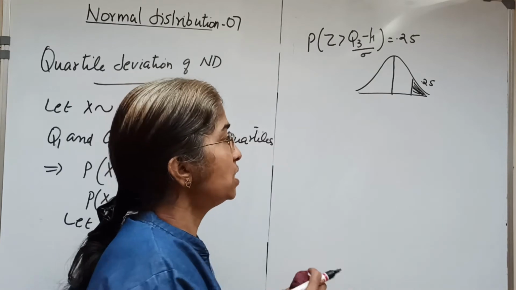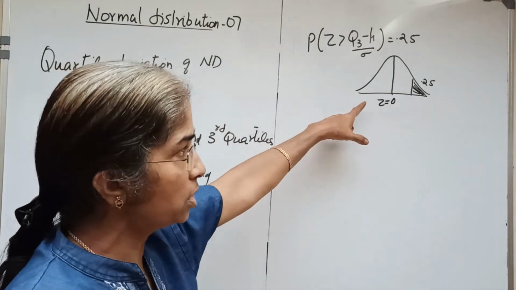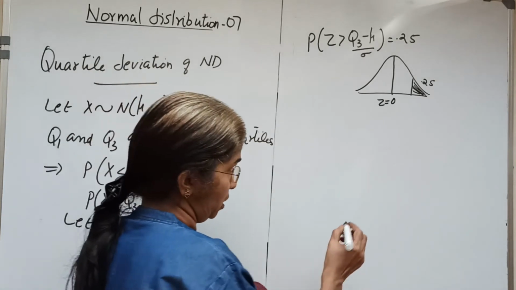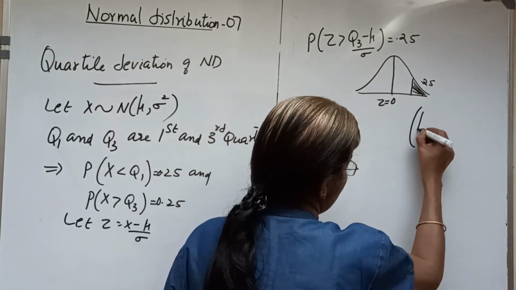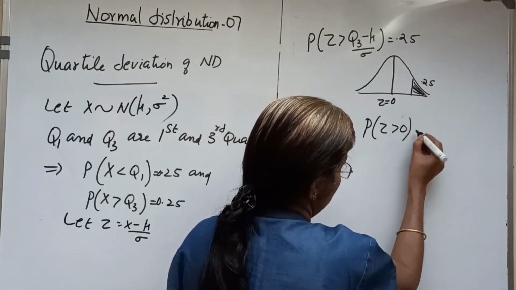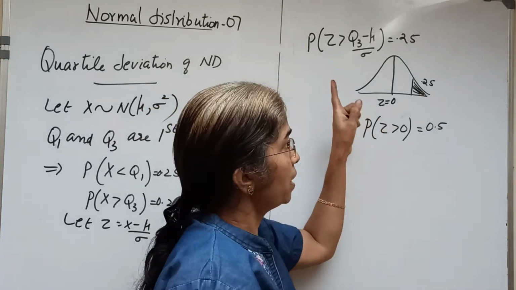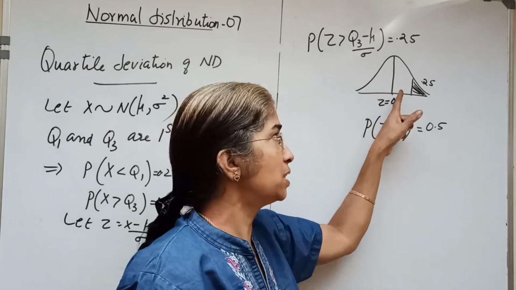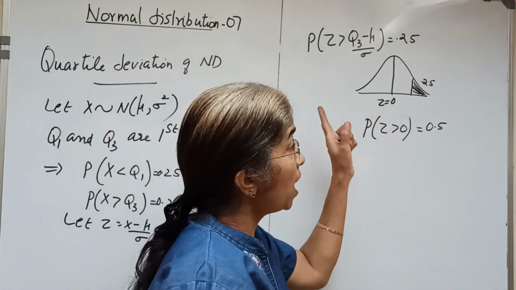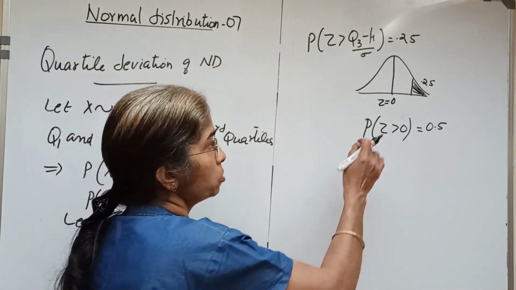As we know, the standard normal curve is symmetric at z equal to 0, so probability z greater than 0 equals 0.5, and above some point the area is 0.25, which implies that this point, Q3 minus mu by sigma, lies to the right of 0.